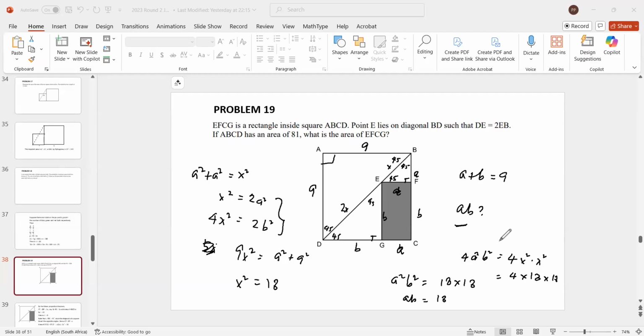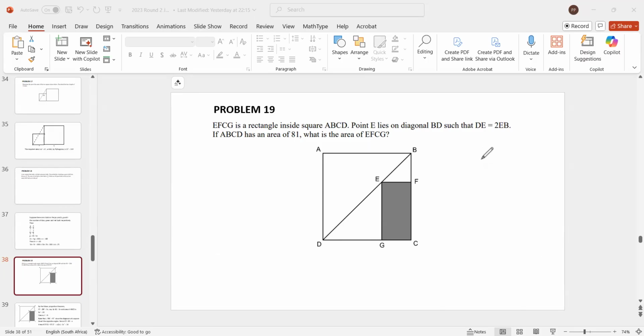But actually, there's a much easier way to do this, but you must recognize something about ratios. The answer we got is 18. Just remember that. If I take out all these things, now this is twice that.